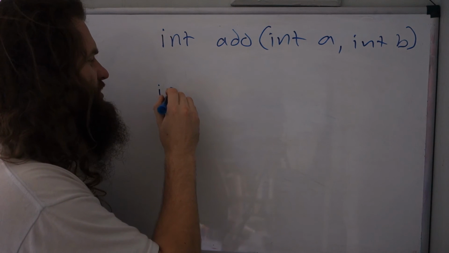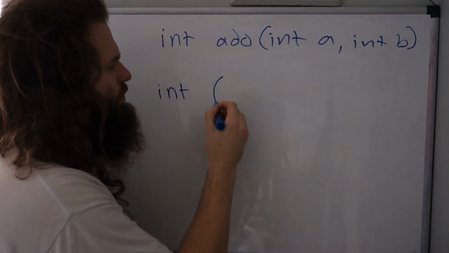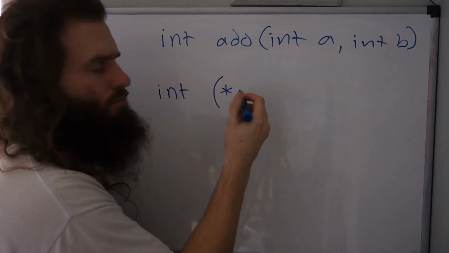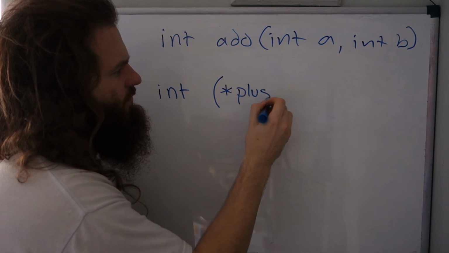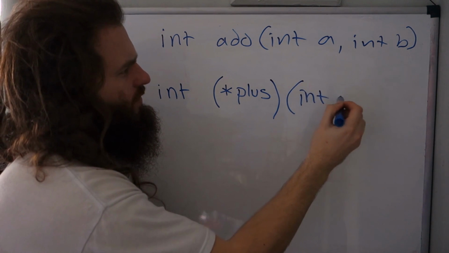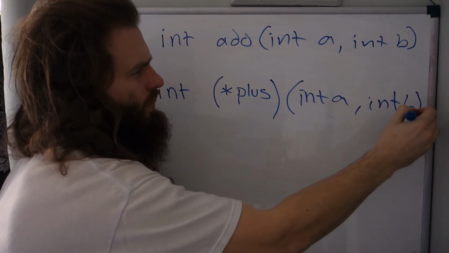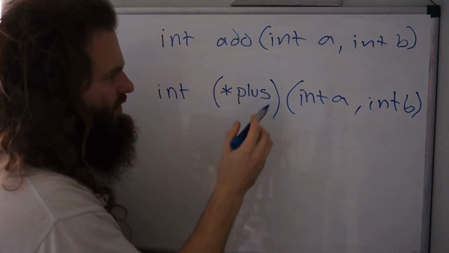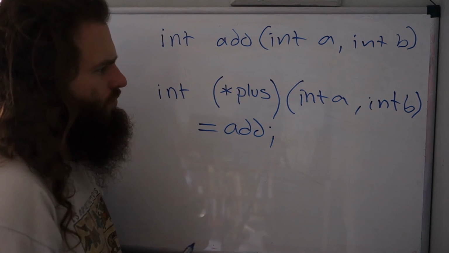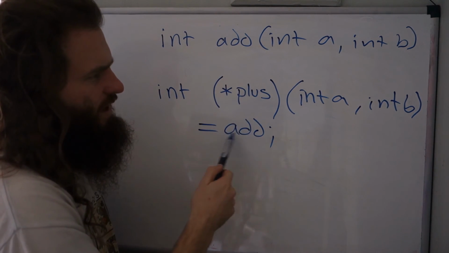We essentially just write out the function again, but we put a bracket around the name and we put an asterisk in front of the new name. Say we wanted to create a function pointer called plus, and then we specify the arguments again. And we can then assign to this. So now plus is a pointer to the function add.